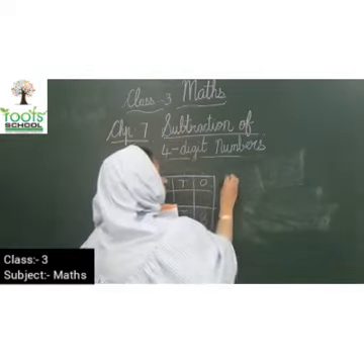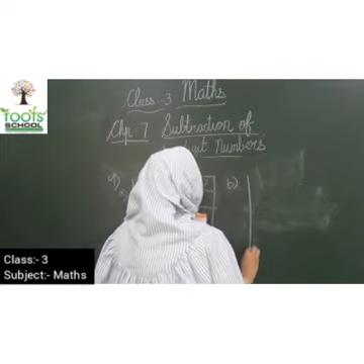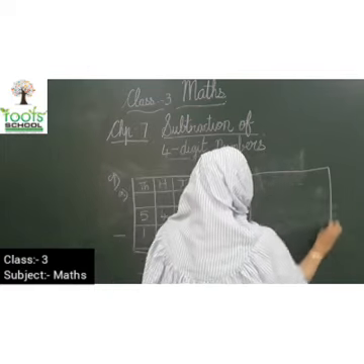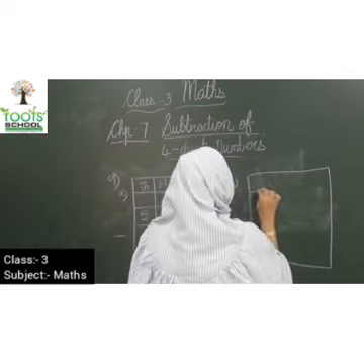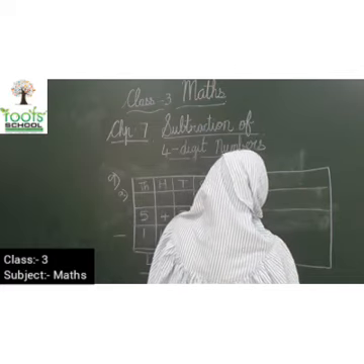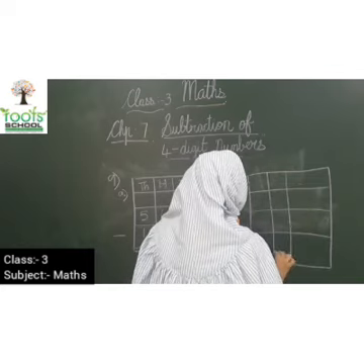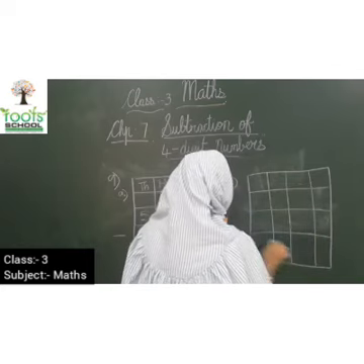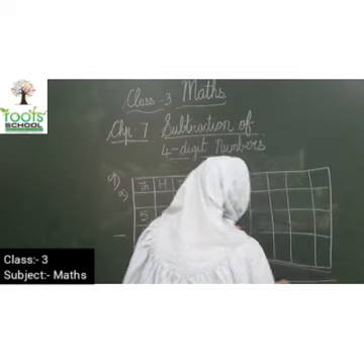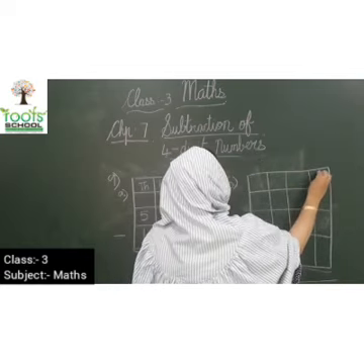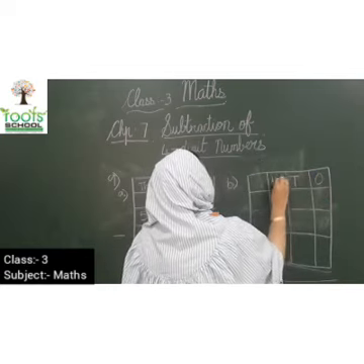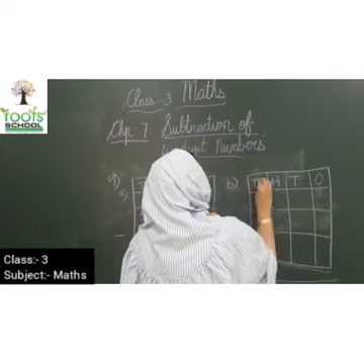Now we move on to sum number B. Again draw a table. Write the place values: ones, tens, hundreds and thousands.